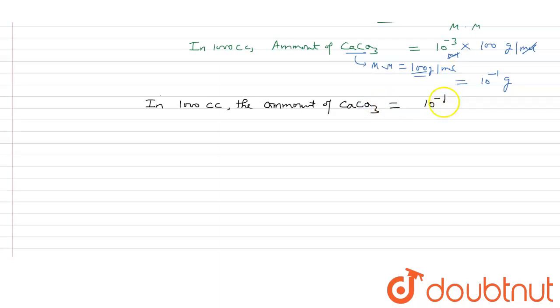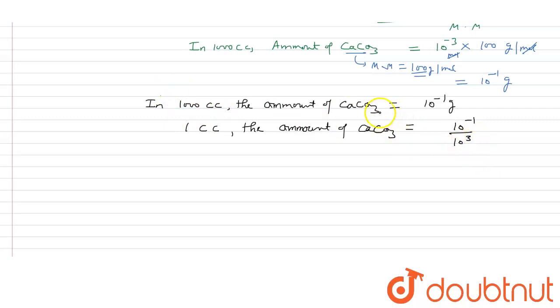If you want to find out the amount of calcium carbonate for 1 cc, it is simple mathematics: 10 to power minus 1 divided by 10 to power 3, since 1000 is 10 to power 3.